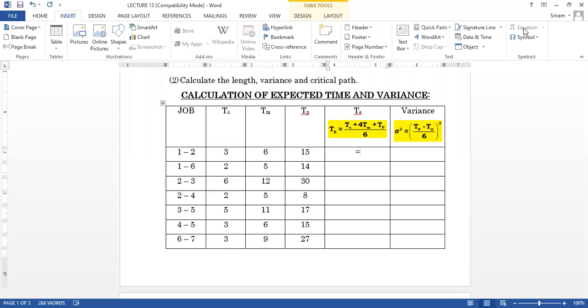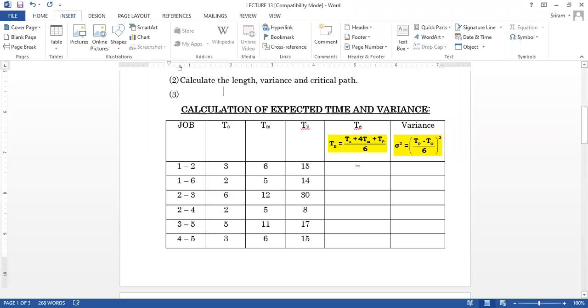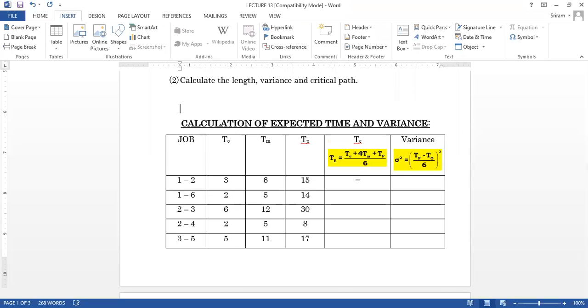Because I am unable to insert the equation here, dear, I am writing on the top for each activity and we will upload.